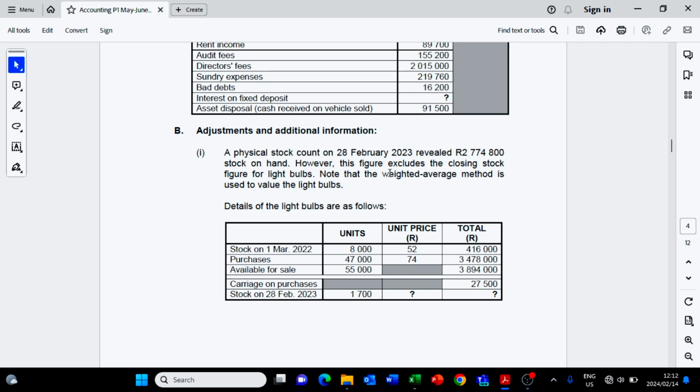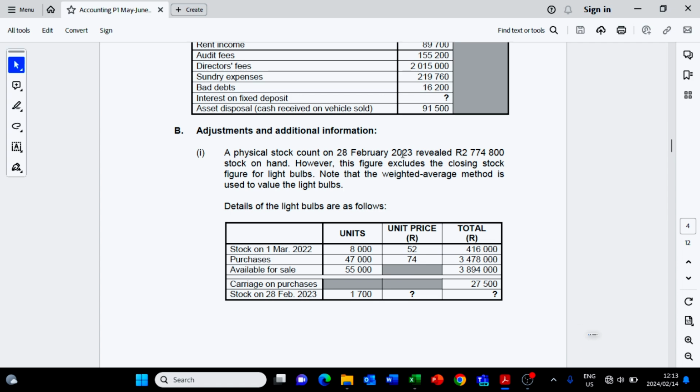So now we are going to use the weighted average method to calculate the value of closing stock. These are our details of the light bulbs as follows. The value of stock at the beginning of the year was 416,000, and then the purchases was 3,478,000, and then we are required to calculate the value of stock at the end of the year using the weighted average method.